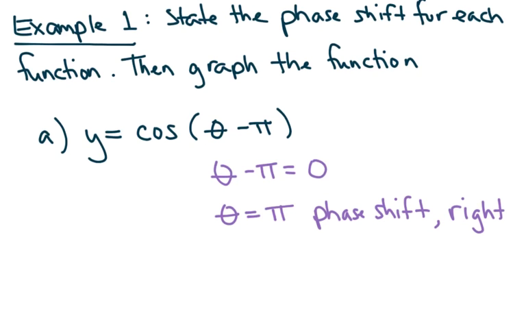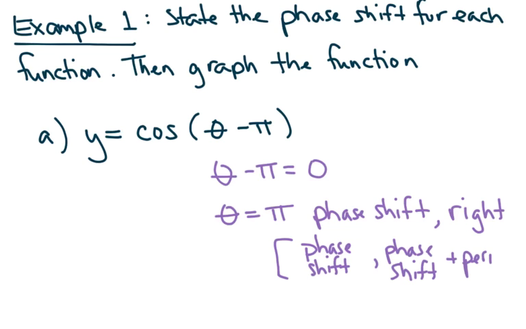The interval that you're going to graph this on, you're going to start at the phase shift, and then you're going to end at the phase shift plus the period. So this is important. Make sure you've written that down.